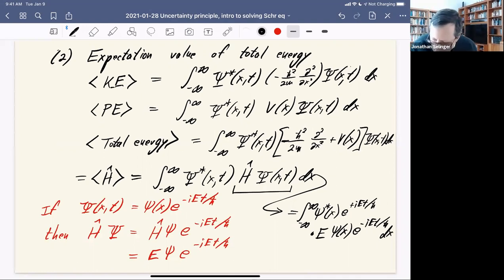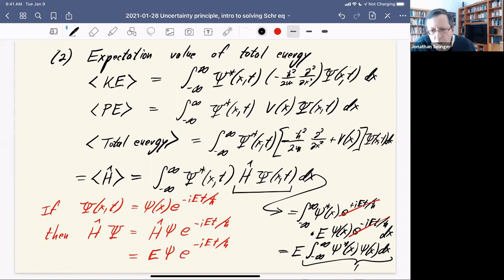Here, these exponential factors cancel out. And this is equal to, well, we factor out the E, it's a constant. We have this integral psi star psi dx, but this integral is equal to 1. That's the normalization.